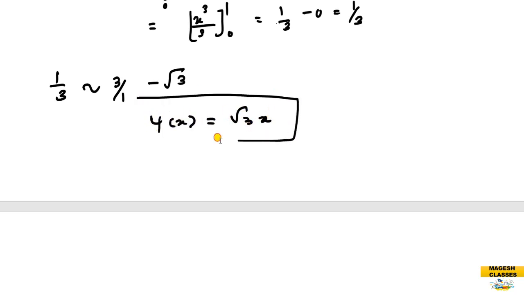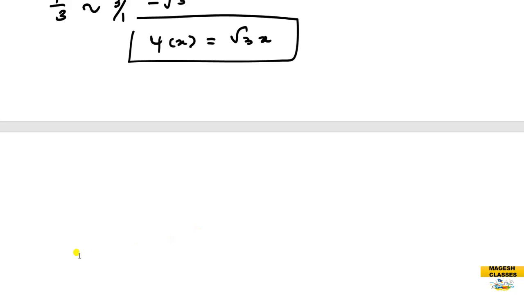This is a normalized wave function. Suppose we want to check again whether this function is normalized or not. The limits are 0 to 1. The root 3 x is attached with the normalization constant, and root 3 x into root 3 x dx should be equal to 1.